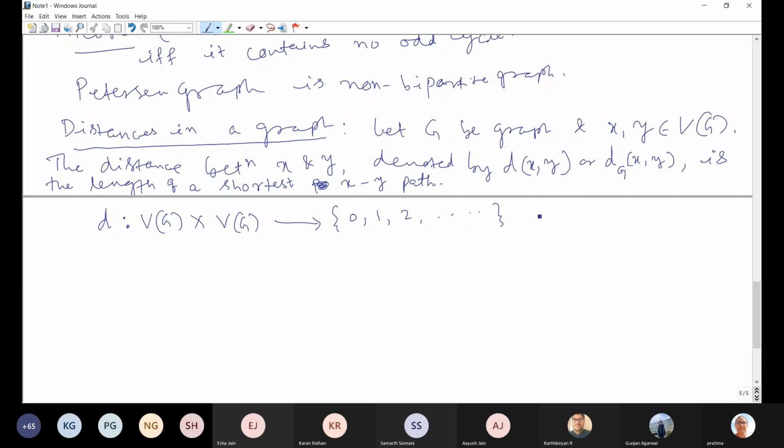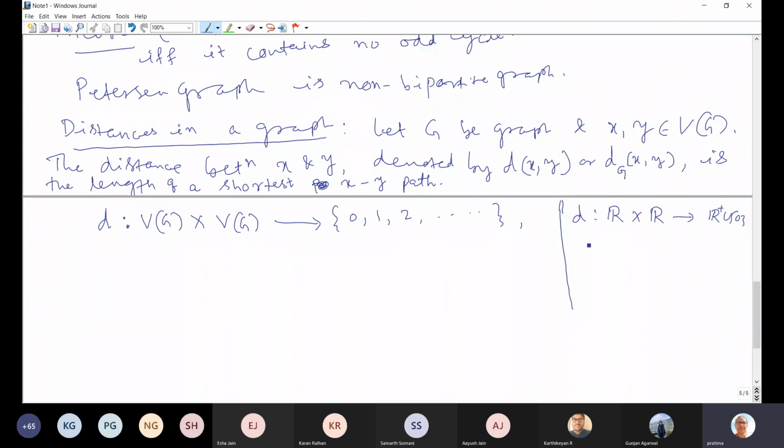Any distance function you define, for example, there are several ways to define a distance function from R cross R to the non-negative reals, R union 0.